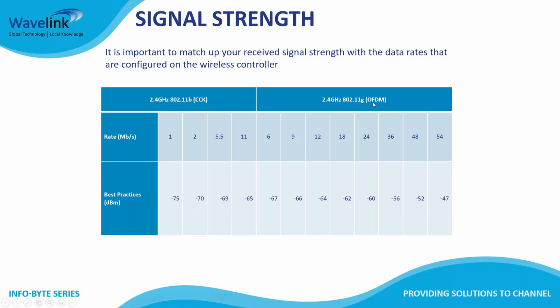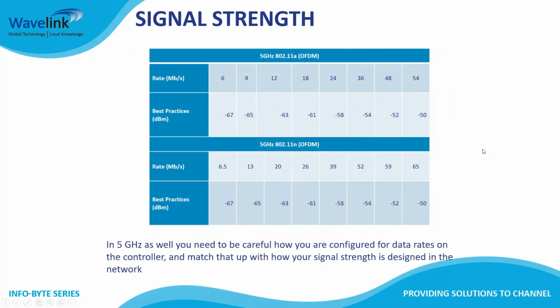So if we see here, back in the days when we were using 802.11g and we needed to hit a maximum threshold of negative 67 for a voice over Wi-Fi solution, the theoretical max data rate is going to be 6 megabits per second. Obviously, this is getting to the fringe of the Wi-Fi access point signal. The closer we get to it, the better signal we get, and we can start to see those data rates increase.